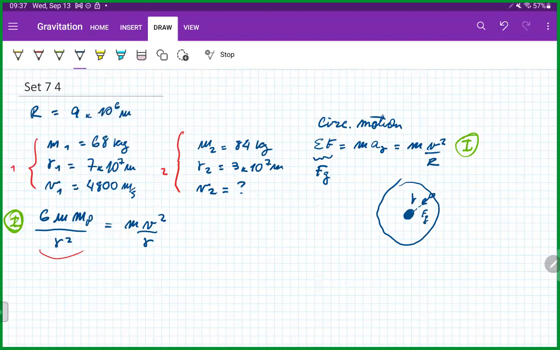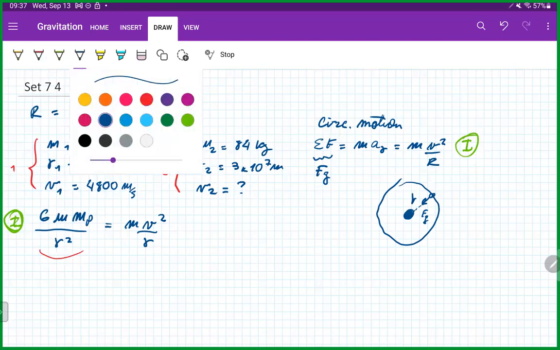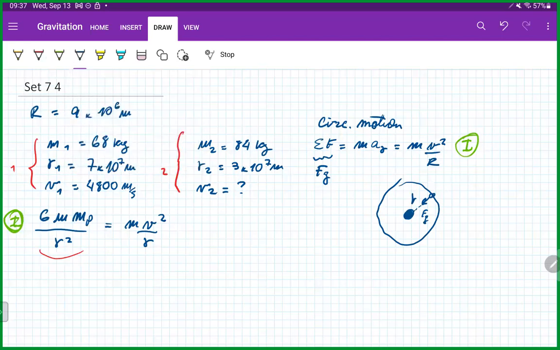And from this, what you get is G, mass of the planet, equals R V squared.